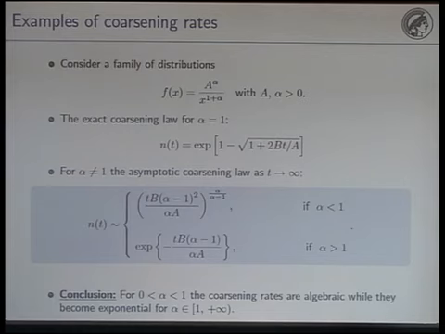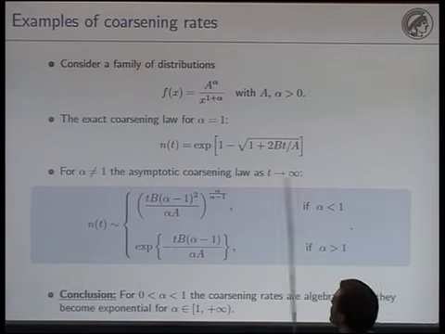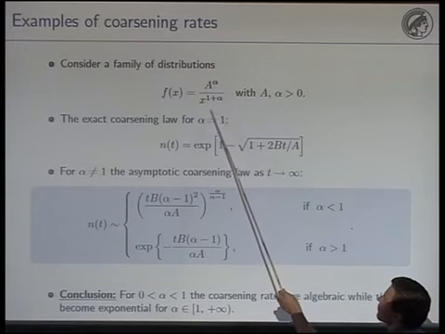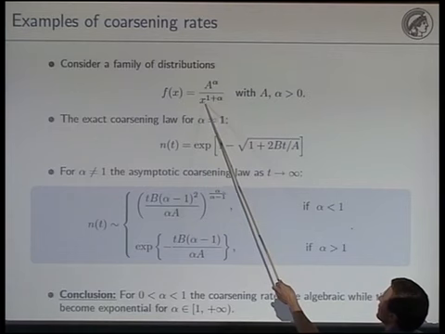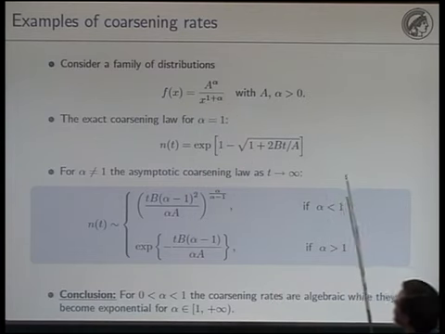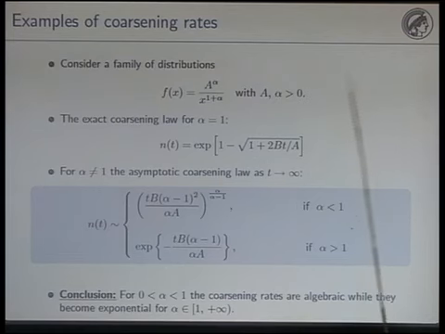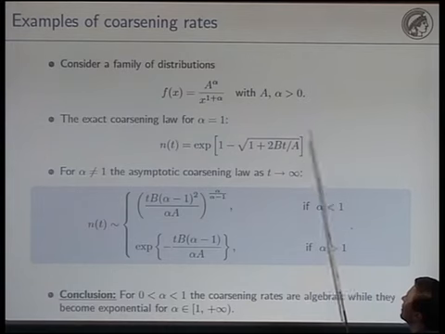To check this, I was motivated at this stage by the article of Derrida to compare my model with his model, and as he did, I took a family of initial distributions, like power law functions, and you see that they have a finite mass because alpha is bigger than 0.